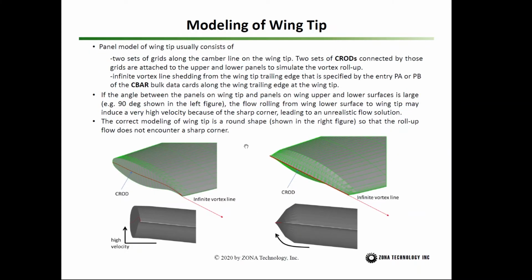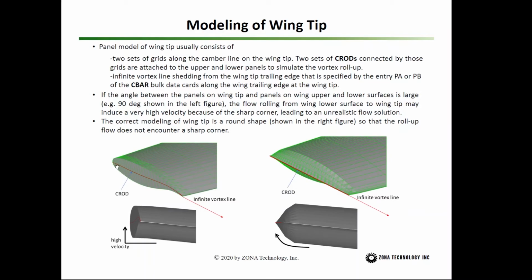And another case is if you model the wing using the thick wing modeling, and you model the wing tip as a flat panel. So the wing tip panel and the upper and lower surfaces of the wing have a 90 degree angle.